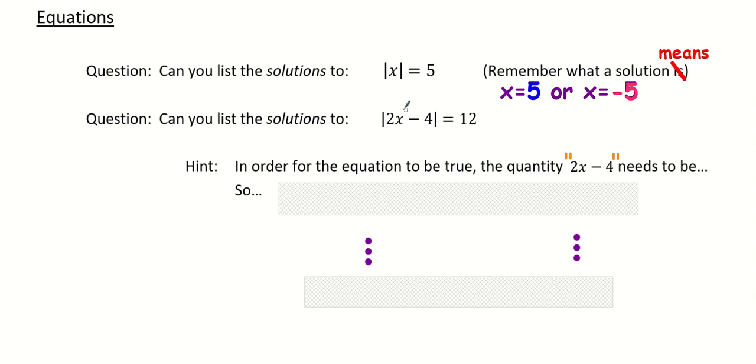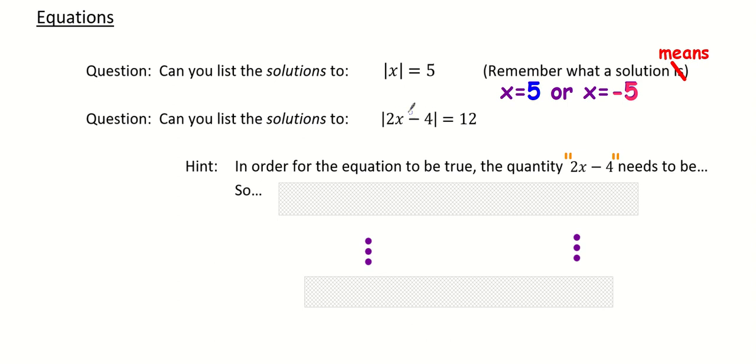Wouldn't this entire 2x minus 4 need to, in its entirety, be a positive 12 in disguise? Or it could also be a negative 12 in disguise. If this entire 2x minus 4 was really just negative 12, this whole thing would work and it'd be true.